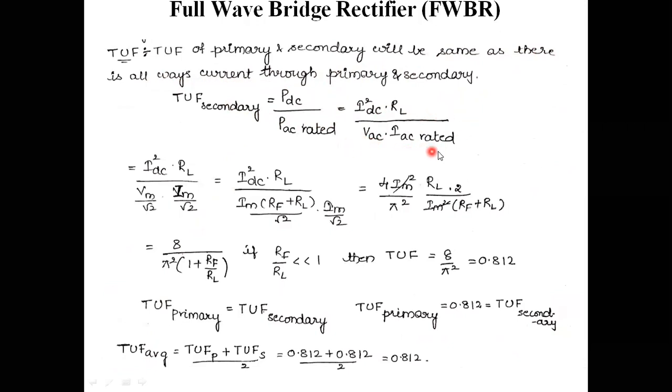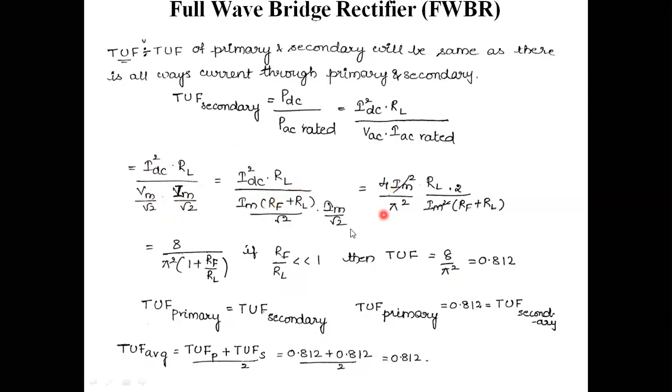PAC rated is given by VAC into IAC rated. Writing that formula in the other notation form, that is IDC square into RL by VAC into IAC rated, meaning RMS values: Vm by root 2 into Im by root 2. And IDC square, by substituting those values, Vm means Im into RF plus RL by root 2 into Im by root 2.